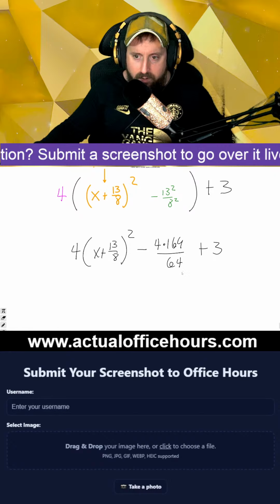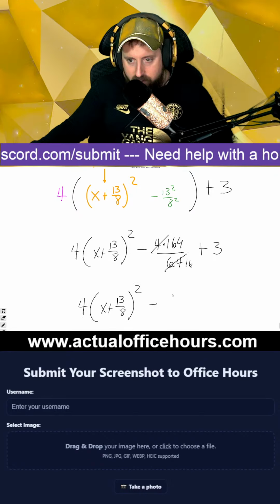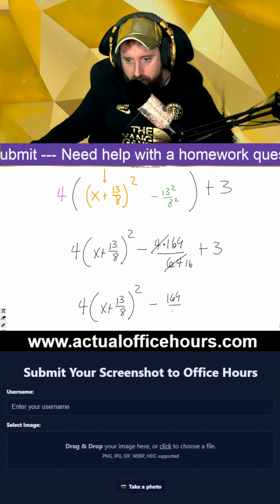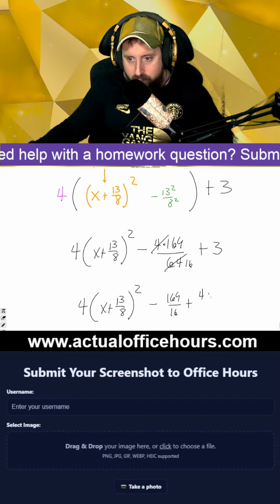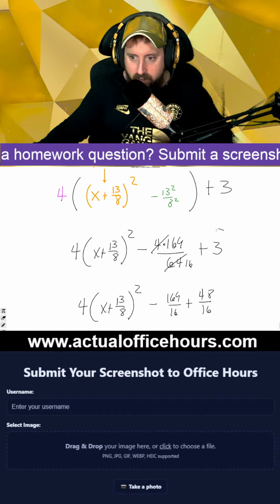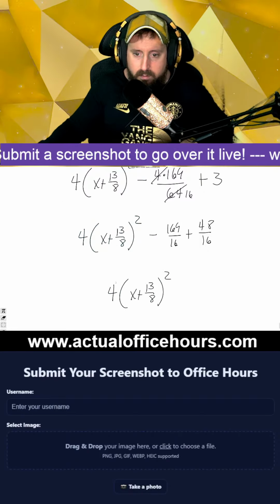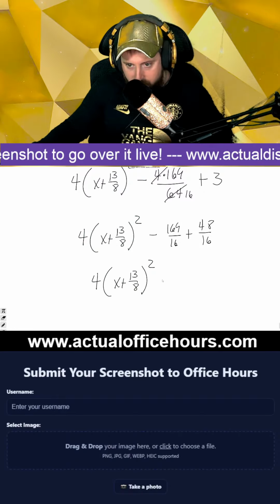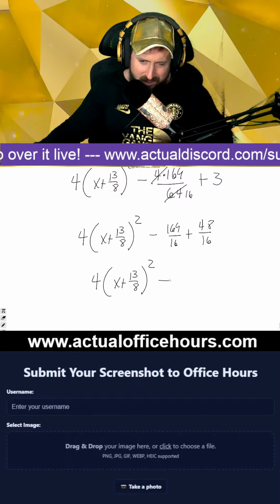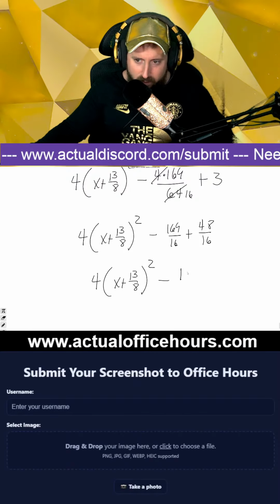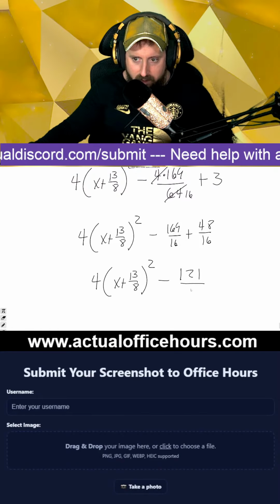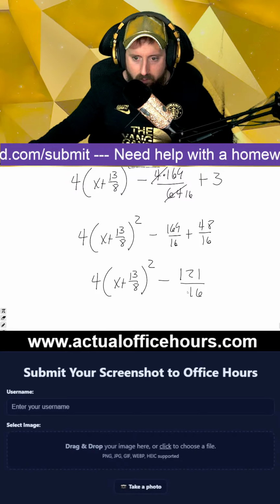Last step here, you can cancel this. 169 over 16 plus 48 over 16. I just converted this to have the same denominator. And then you have this, and that's going to be minus 121 over 16, right? Cool.